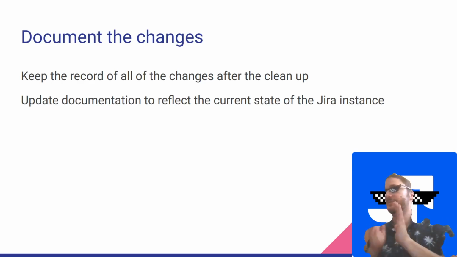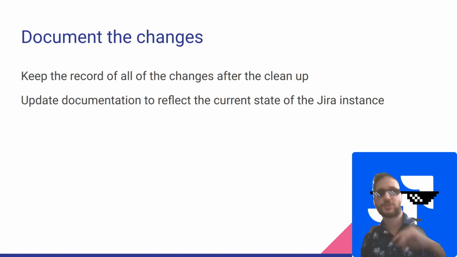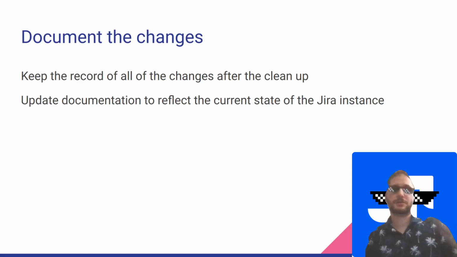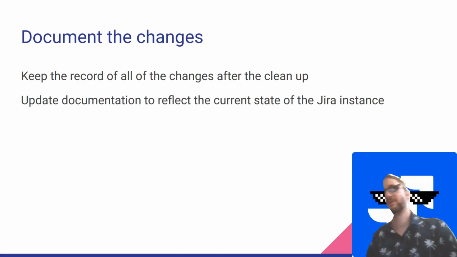Alright, documentation. I believe that every change that has been made should be documented, everything that you have done. So, how many, let's say, issue types did you delete that were not being used at all? Basically, no one uses them.